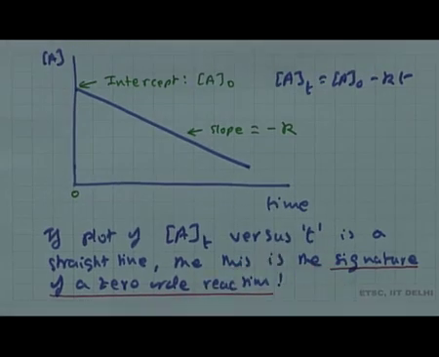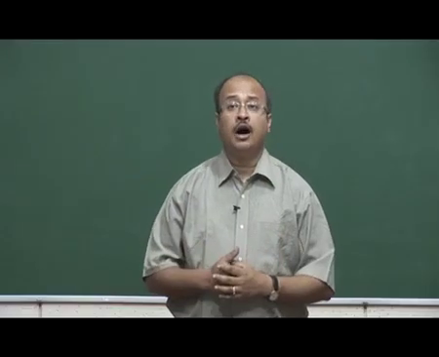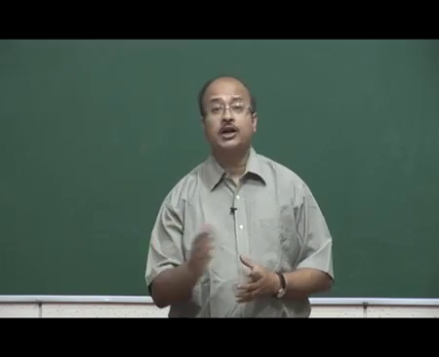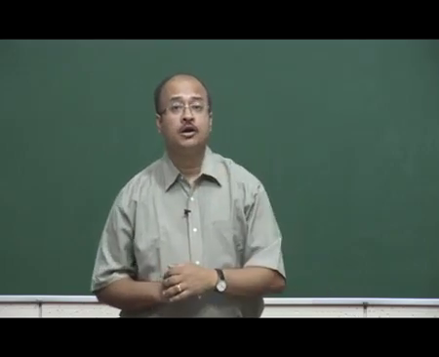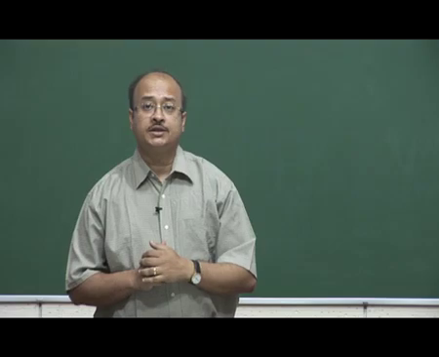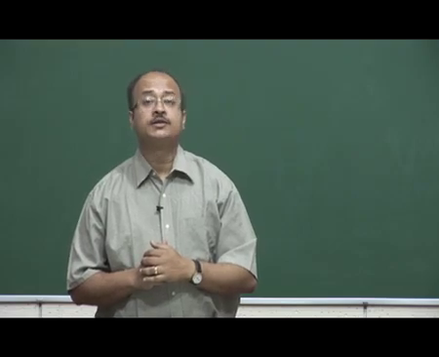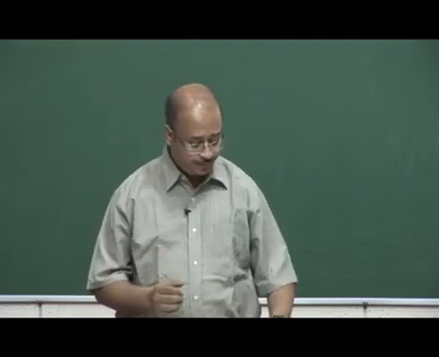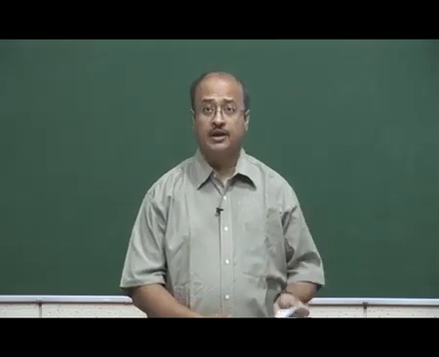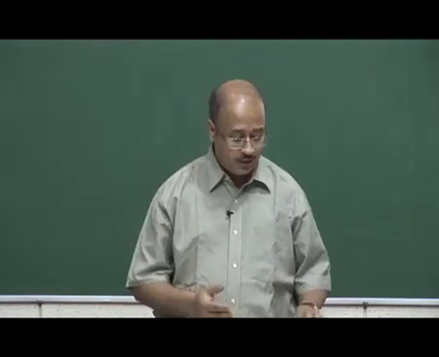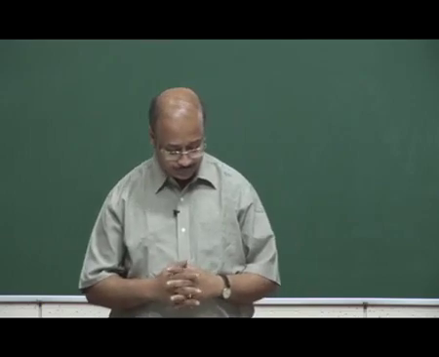So, you might not be given anything, you just might be given a graph plotted like this, and you might be asked what type of reaction it signifies, and that is what you have to keep in mind while you give the answer.